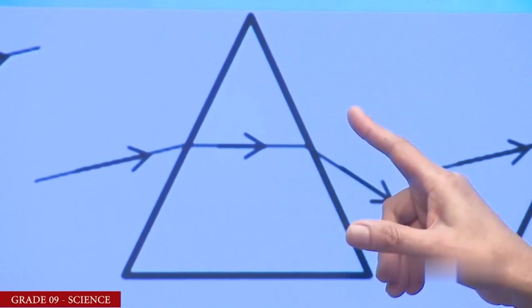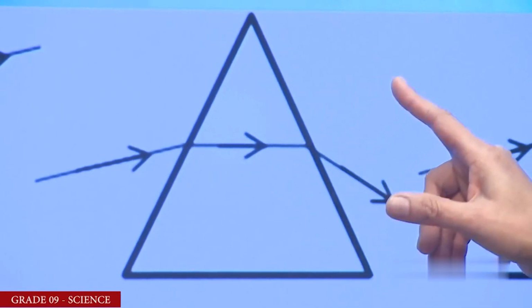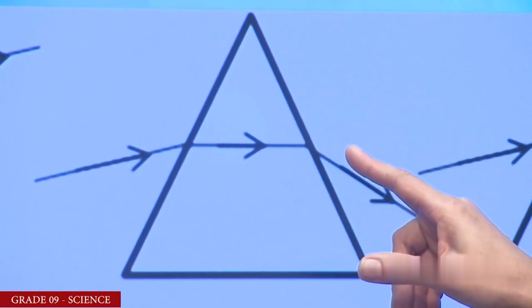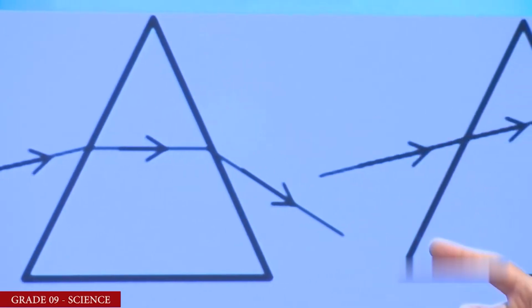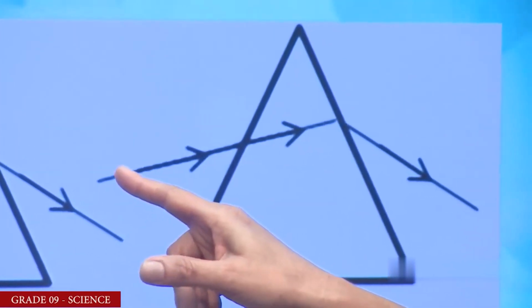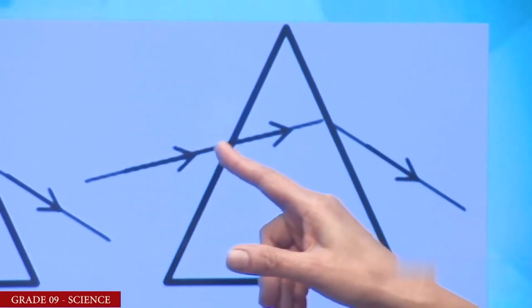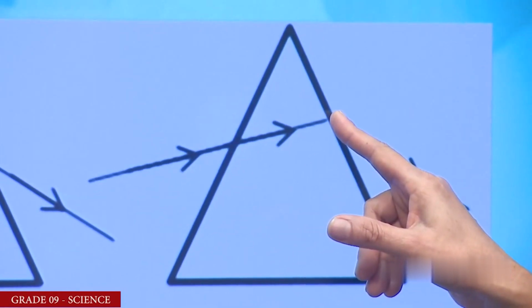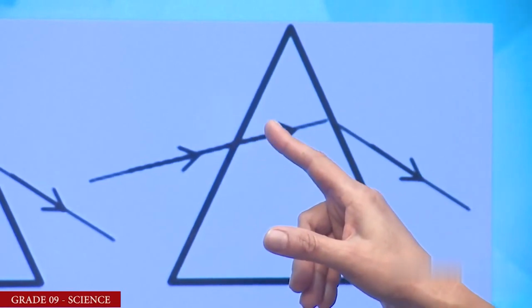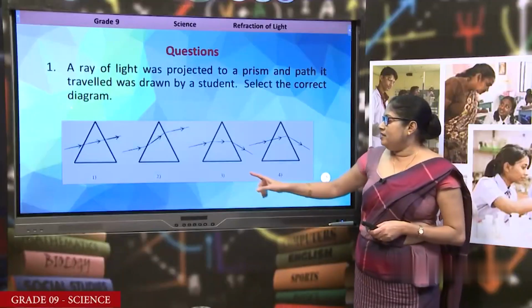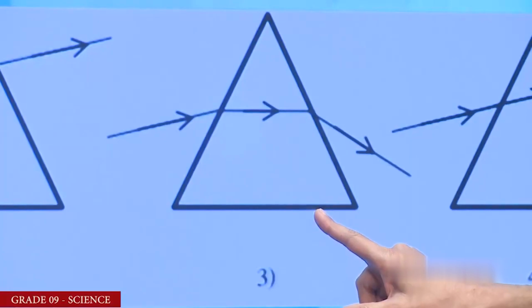In this point, if you draw the normal like this, the light ray is bending away from the normal after getting refracted through the prism. Let us see the fourth answer as well. The incident ray is directly going through the prism and refracted in this way. So, it won't happen like this in this point. So, the correct answer is this, number 3.